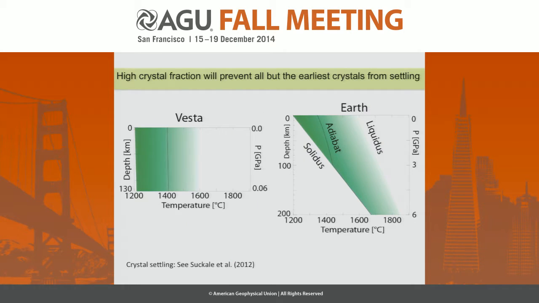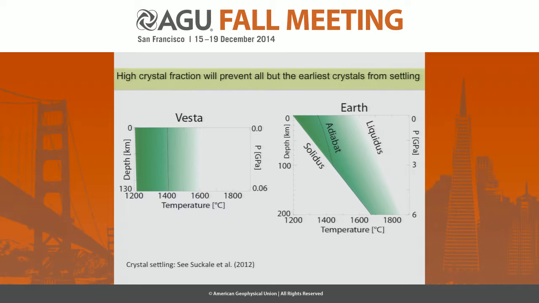But the point I want to make here is that on a body the size of Vesta, you can see on the left, its adiabat for any kind of internal magma ocean lies well between its solidus and liquidus in that green field over its whole pressure range, unlike it does for larger planets. And what this means is that there's going to be a high crystal fraction on a body with very low gravity over the whole crystallizing period.